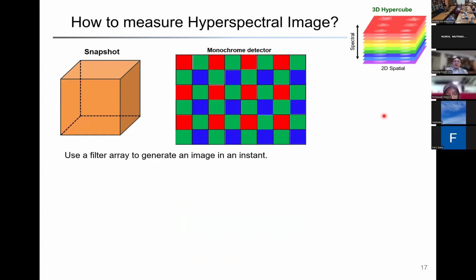If we increase the wavelengths, we need optical filter coating. This color image is only 3 wavelengths coating for each pixel. But if we want to increase the wavelengths, we need more wavelength coatings, like this. Here 3 by 3 is 9.